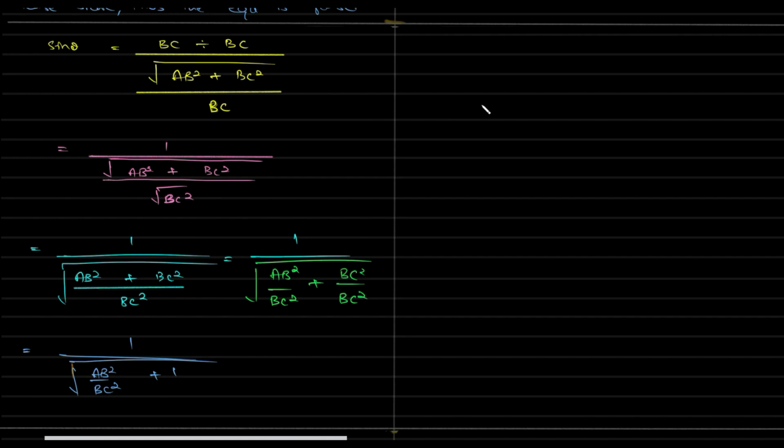See, we are looking at a triangle ABC where angle A is theta. So once we increase theta, what happens? See, AB is not changing. BC is changing.